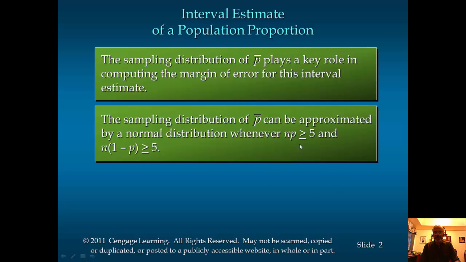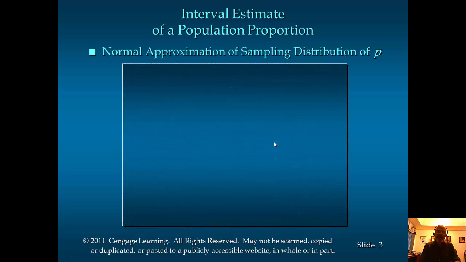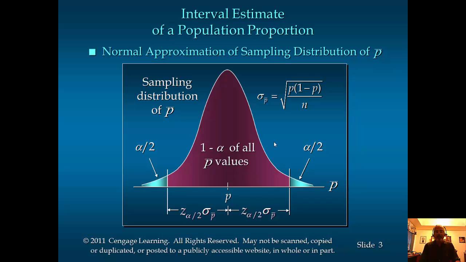Of course, the value of p will be unknown, so we'll have to substitute p bar in this formula. So once we have established that we have a large enough sample, you can approximate the binomial distribution with a normal distribution, p at the center, and sigma sub p bar times z will give you the margin of error. So minus margin of error, plus margin of error will give you the lower and the upper limit.